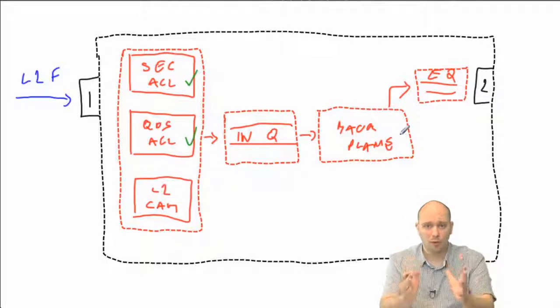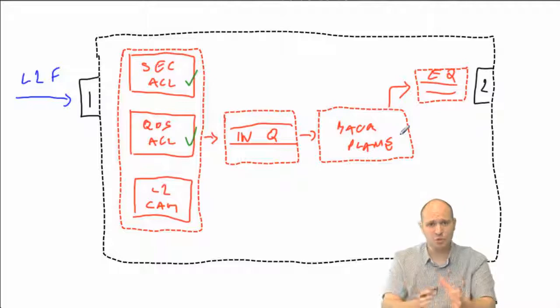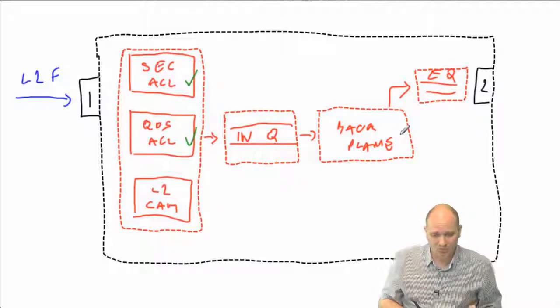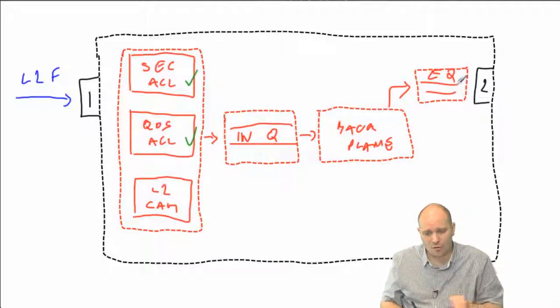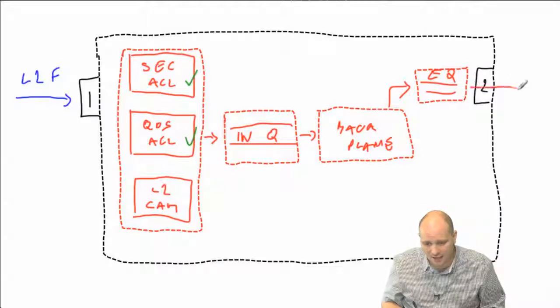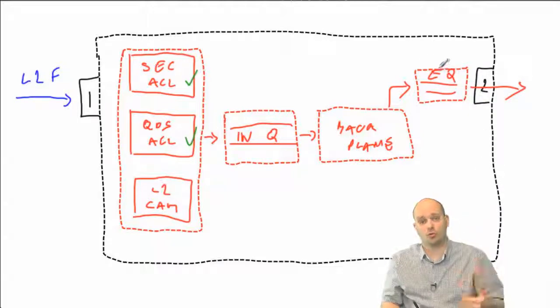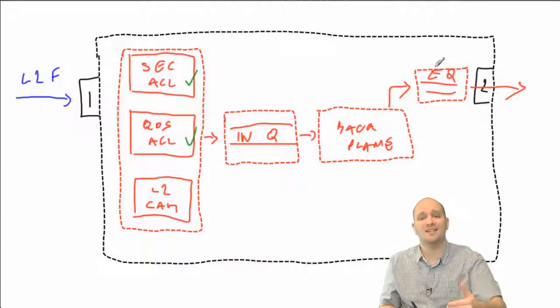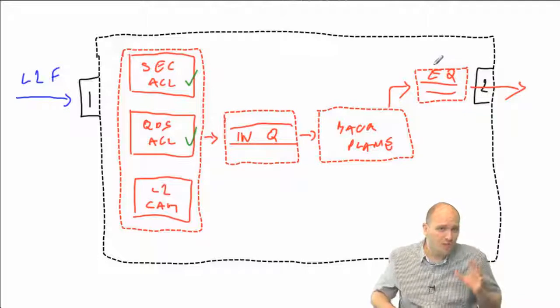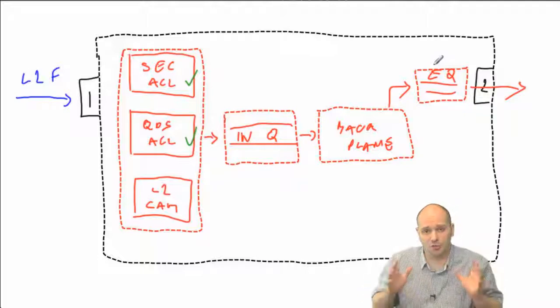But I'll talk more about the queuing and these queues when I talk about QoS. So finally, our frame arrives at the egress queue and is being sent out. The egress queue here is controlled by QoS processes with QoS schedulers. So this is the lifetime of a layer 2 frame.